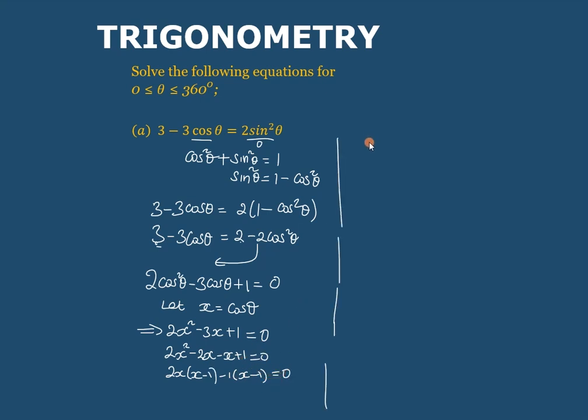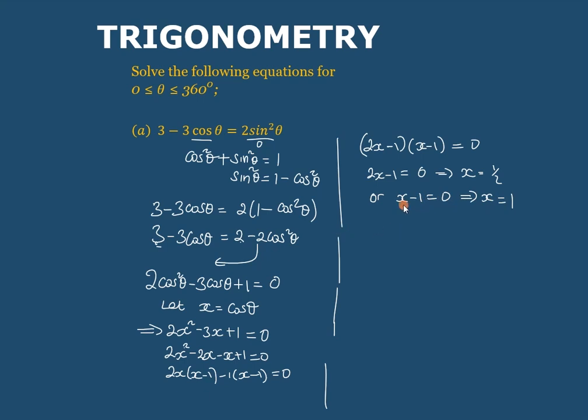Pulling out x minus 1, remaining with 2x minus 1 into x minus 1 equal to 0, such that now we have that either 2x minus 1 equal to 0, implying that x equal to 1 over 2, or x minus 1 equal to 0, implying that x is equal to 1.